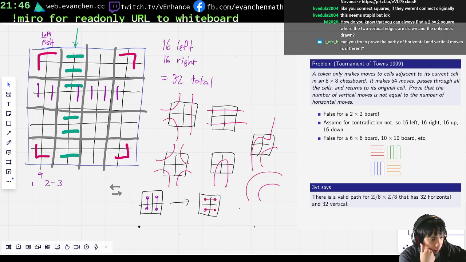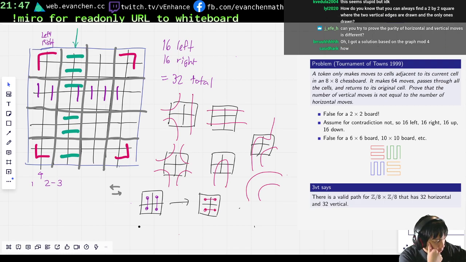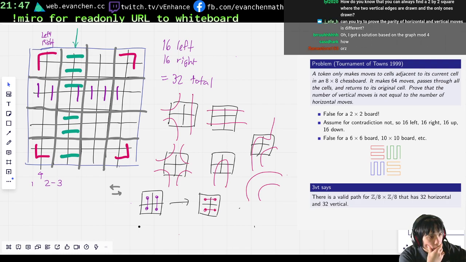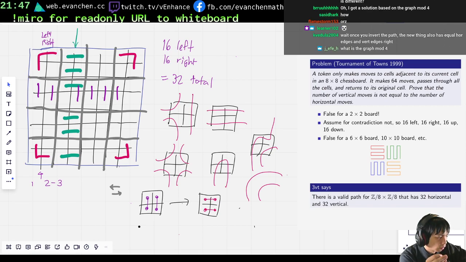What if you invert the path? So I take all the edges that aren't present? Yeah, if I invert the path, the new thing also has equal horizontal and vertical edges.